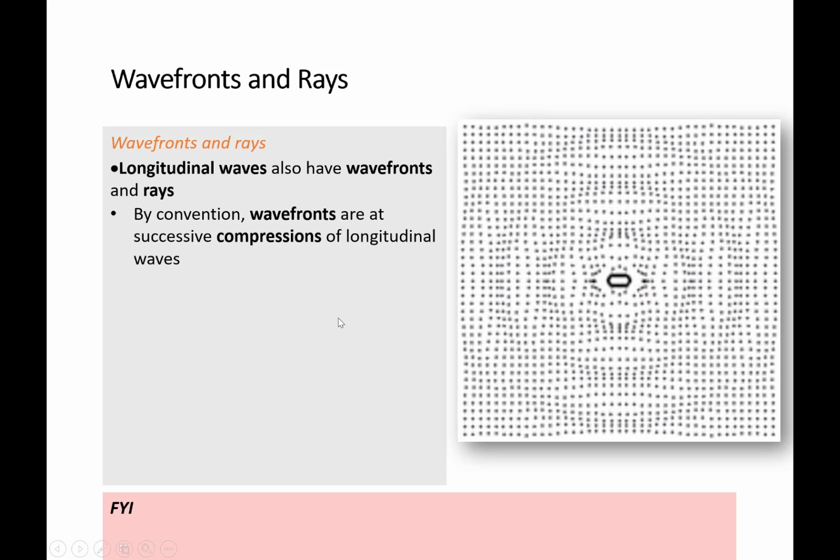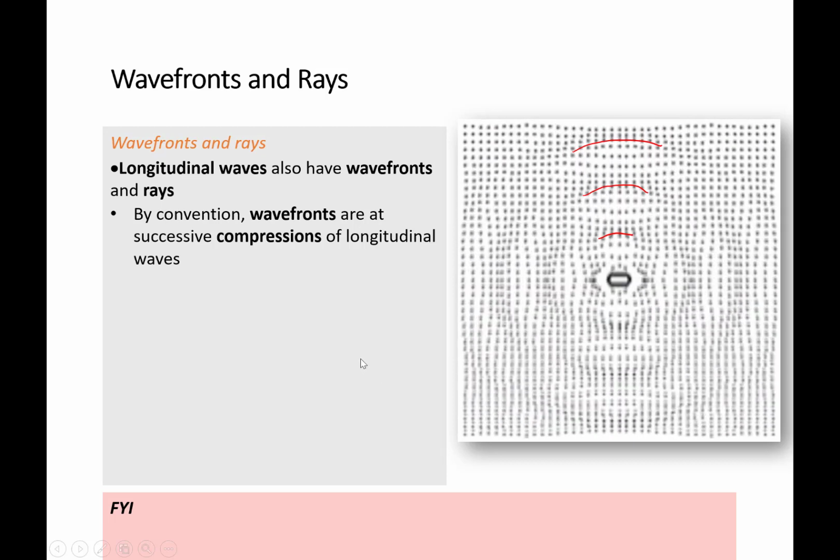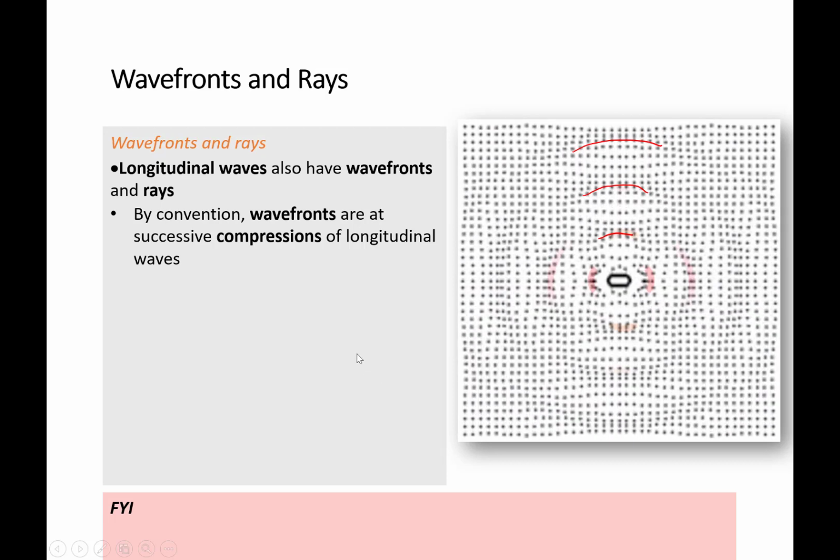So if we pause this, we can see there's a compression here, a compression here, a compression here. Those are going to be our wavefronts. So here we have some wavefronts drawn on our longitudinal wave. And our rays tell us the direction of motion of the wave, always perpendicular to our wavefronts.